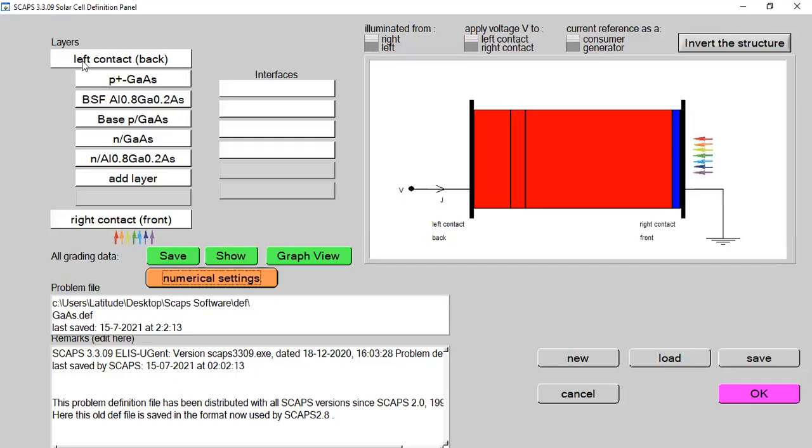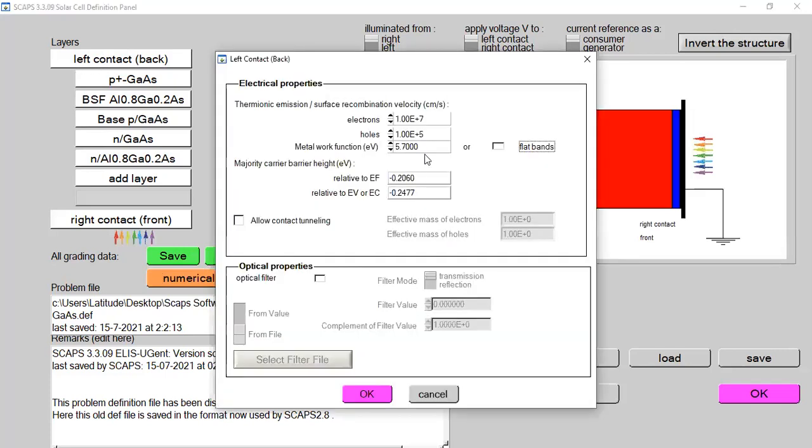Okay, I'm going to click on left contact. Now I'm going to select another metal, Au, that has a work energy function of 5.1. Okay, we can set it over here.